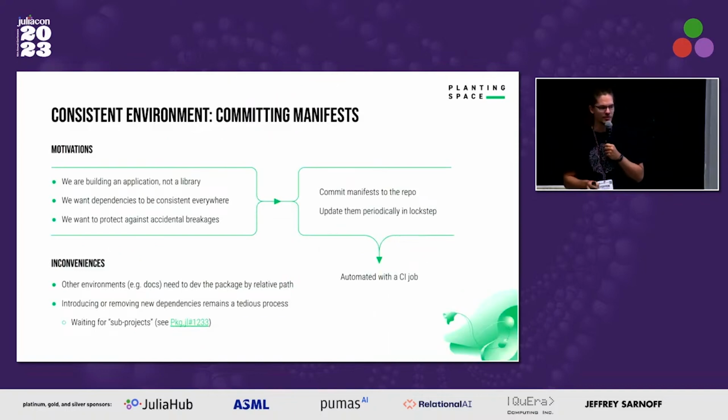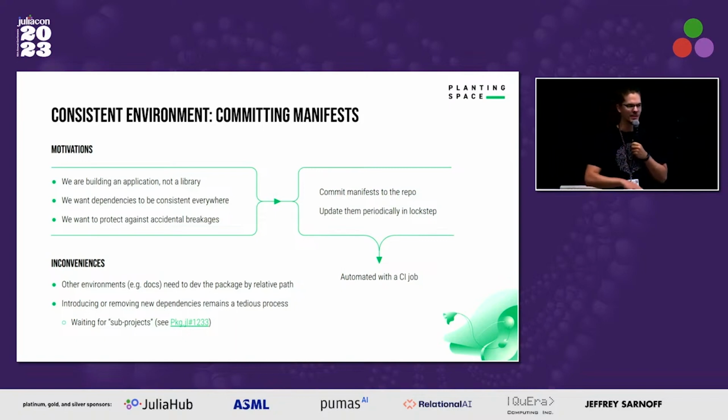The first one, perhaps, is that we commit our manifest into our package. Normally, I think most packages use compat bounds, but that didn't quite work for us for a number of reasons. The first one is that we're building an application, not a library. It's only us that needs to use it. We don't need to be compatible with a wide array of other combinations.